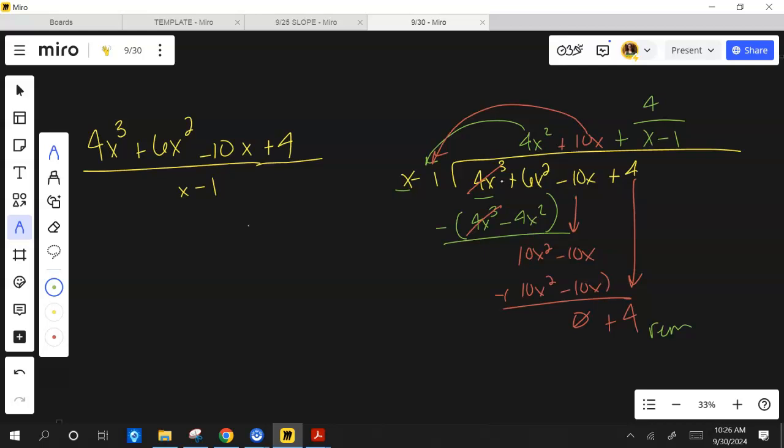Grayson, which step are you stuck on? 10 where? The pink 10 up top? Yeah, we didn't have this problem. This is not on your sheet. Oh, okay.